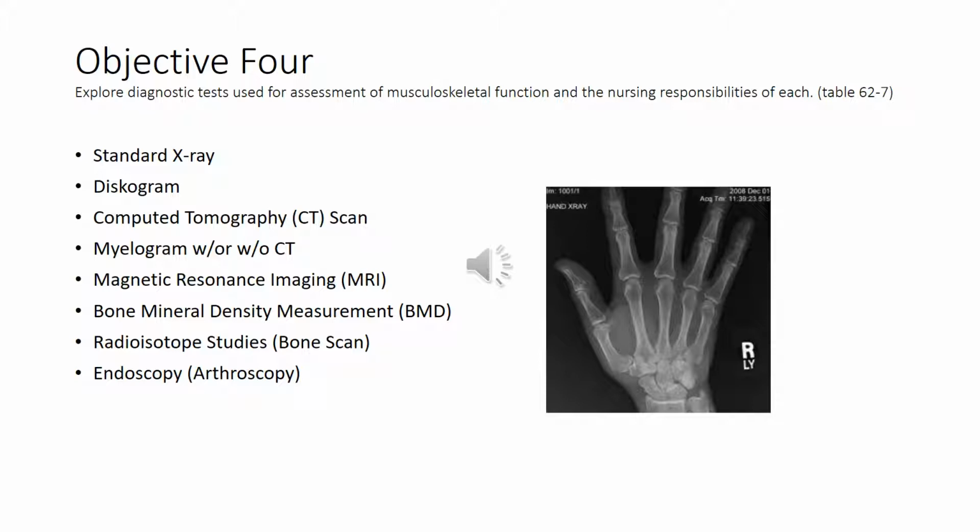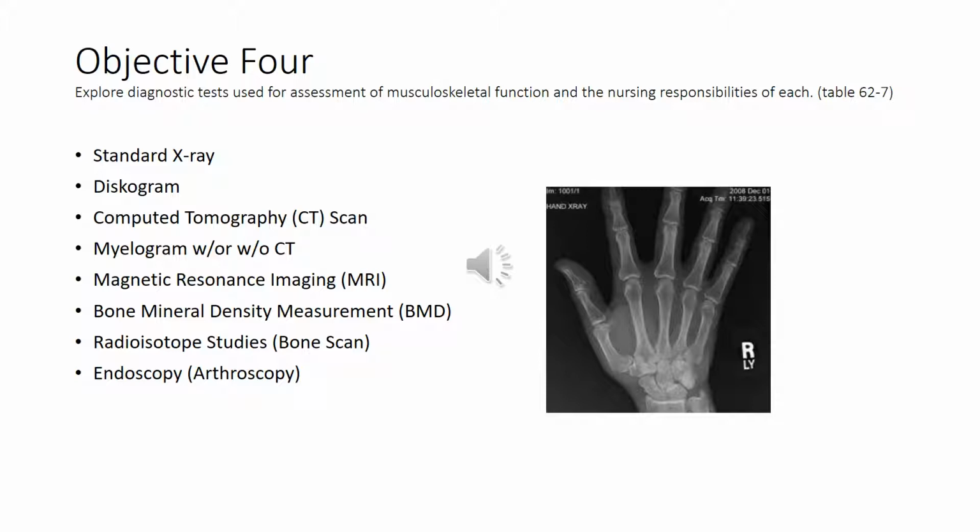The X-ray is the most common diagnostic study used to assess musculoskeletal problems, and it's used to monitor the effectiveness of treatment. Bones are denser than other tissues, and X-rays do not penetrate them. So the dense areas show as white on a standard X-ray. X-rays can show bone deformities, joint congruity, bone density, and calcification in soft tissue.